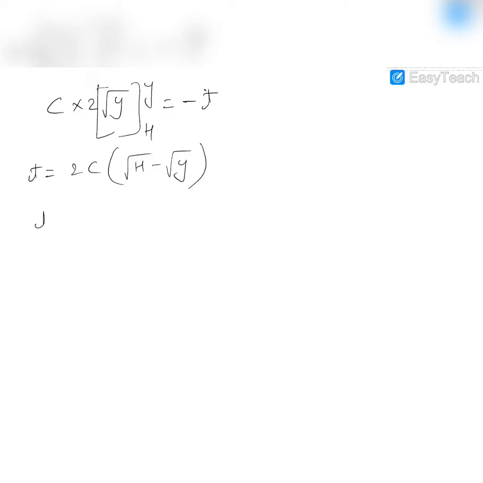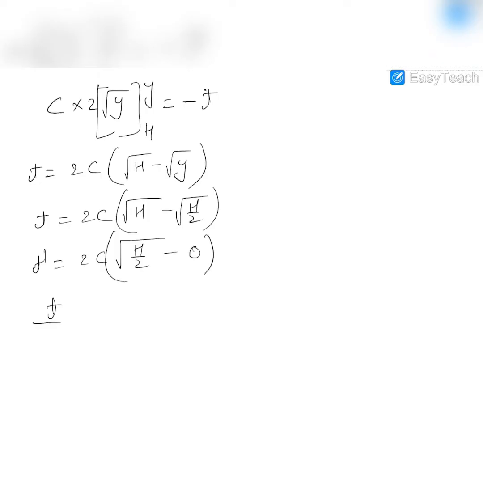So now the initial time was t, and that t was the time taken by the water level to decrease from h to h by 2. So t will be equal to 2C into root h minus root h by 2, and t dash will be the time for the water level to decrease from h by 2 to 0. So it would be root h by 2 minus 0.